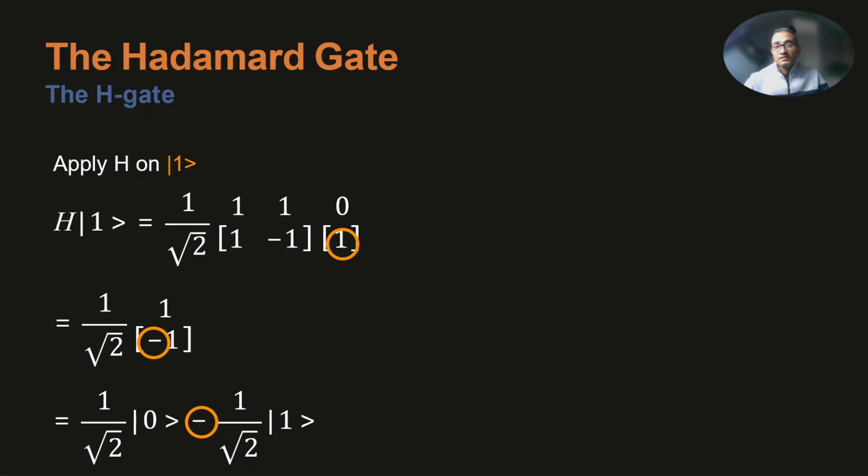So to say, this is again a kind of state that has been created. But while in the previous case, where we applied Hadamard on 0, we have the positive, while applying on 1, the state comes out to be negative, or some sort of a phase shift that is being depicted here.